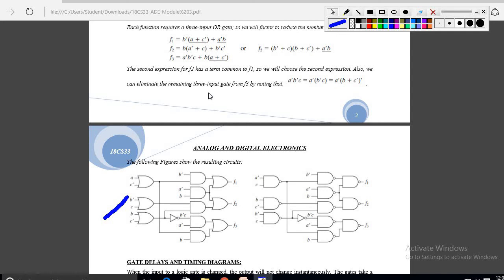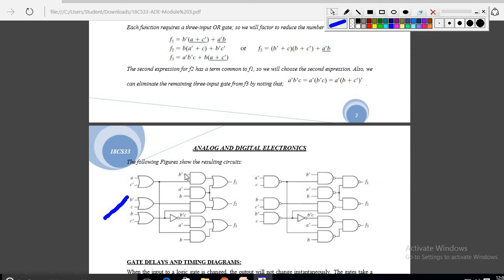So directly an AND gate is there, A bar B, so A bar B input I will directly give. But here, because plus is there, I am writing a NOR gate. For this I need to give input as B bar.